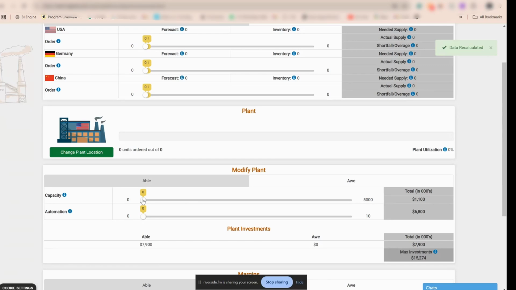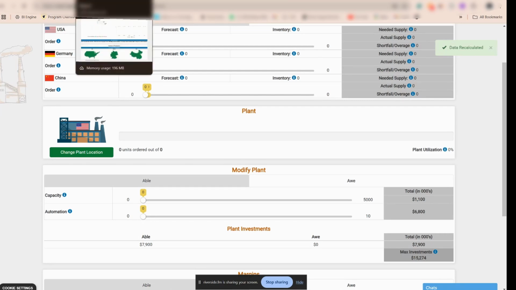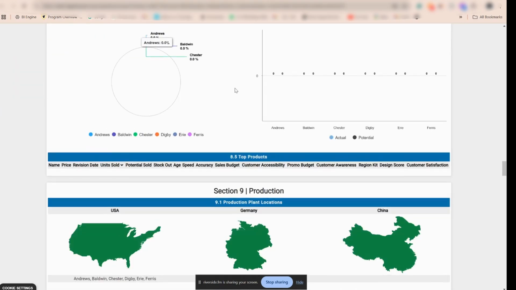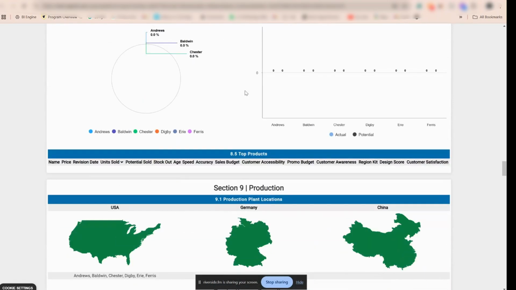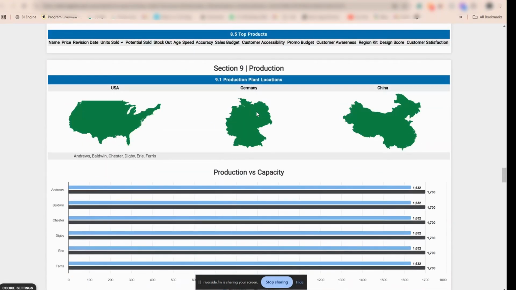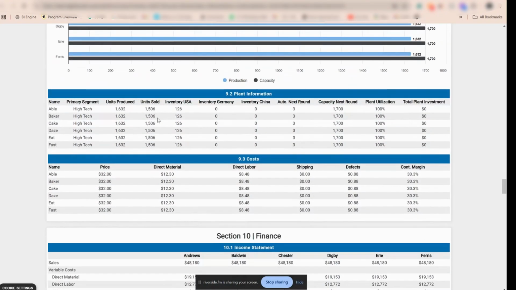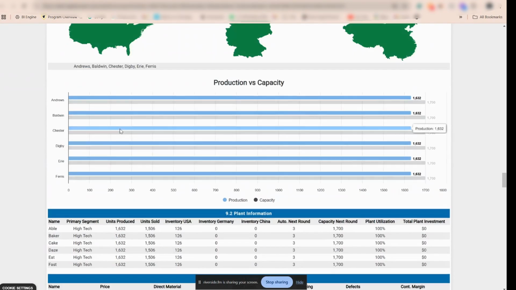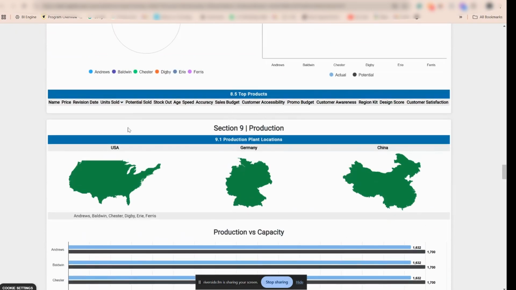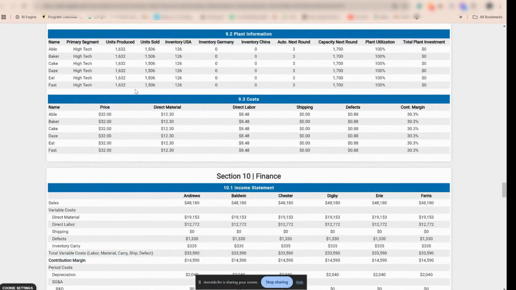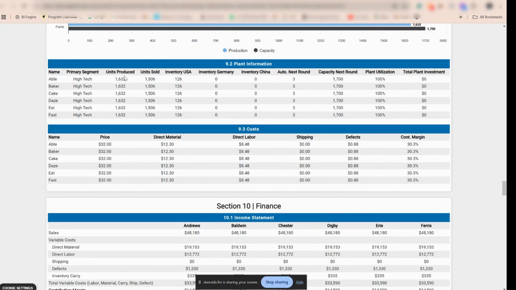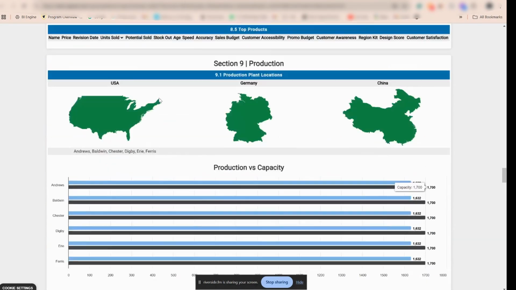So what we do in this case is we go back to the report from round zero, which is the initial report we got, to determine what size of the market we can take. That's the question. So now, how do I determine this? I go to the high tech market.